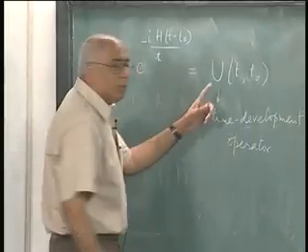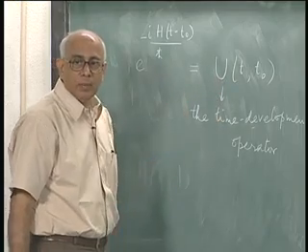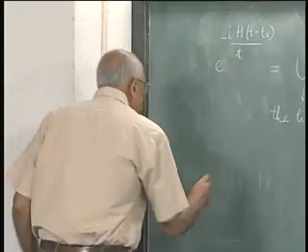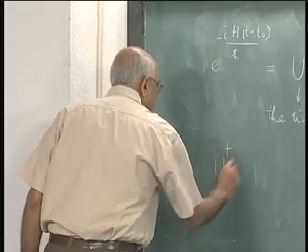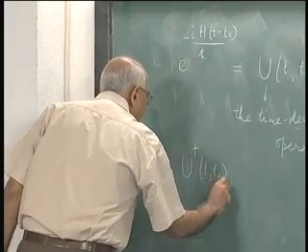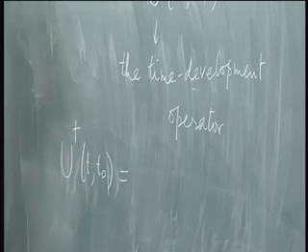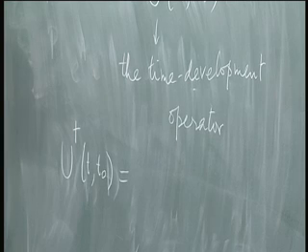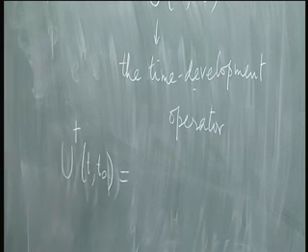Now this time development operator has some interesting properties as it stands. What is U dagger? I have to take the Hermitian conjugate everywhere.